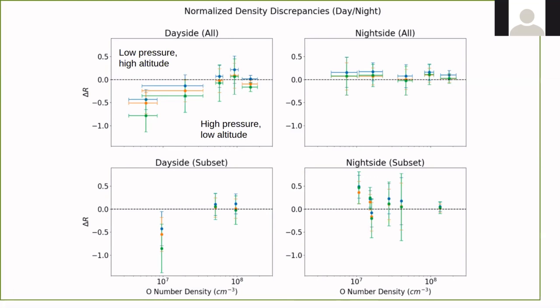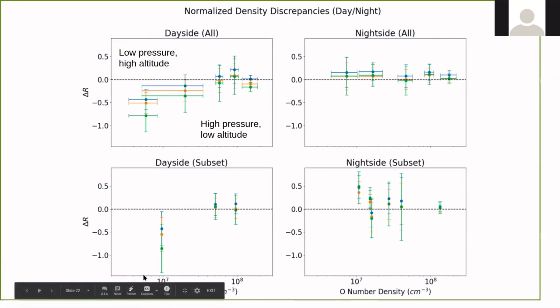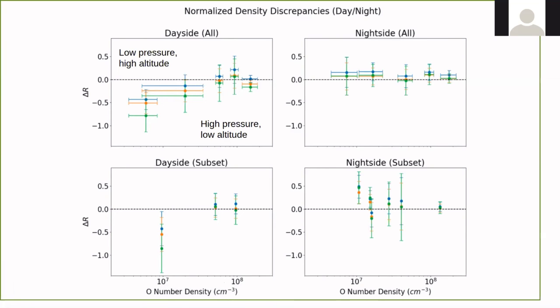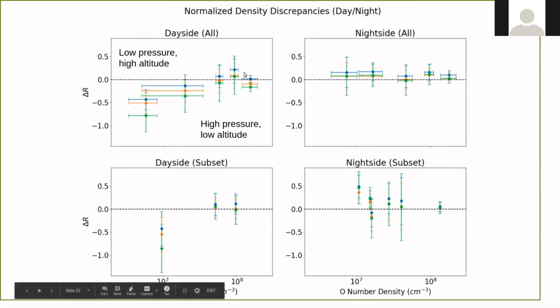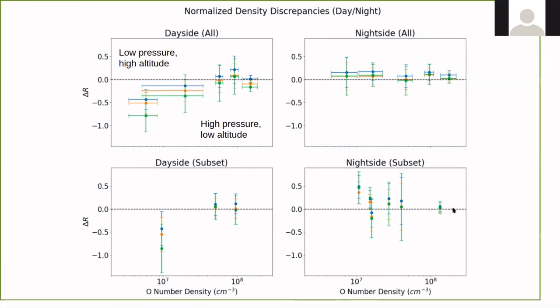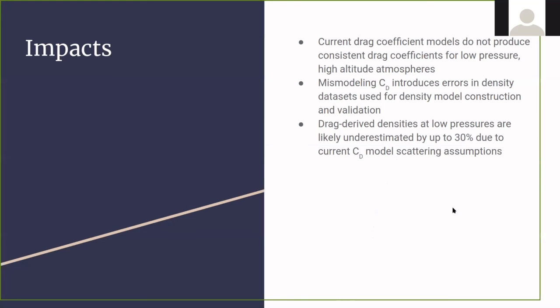And it's also important to note that all three of the CD models tend to perform poorly at the lower pressures. The model which assumes diffuse scattering, which is the green one here, may produce the largest density discrepancy magnitudes, but the other two models also deviate pretty significantly from zero. We also notice from these plots that at higher pressures, we see minimal differences between the three drag coefficient models within uncertainty of the analysis.